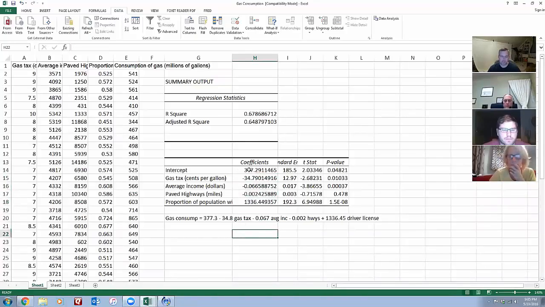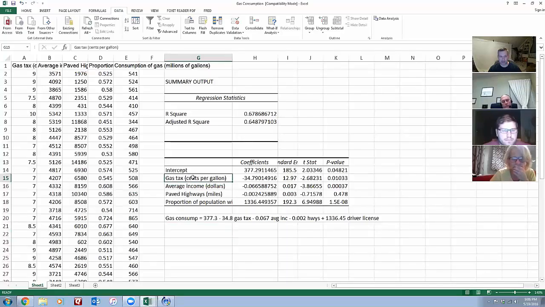You could look at the magnitudes of these coefficients, and these end up being a little harder. You have to really pay attention to what units your data is in to make sense of these, because the coefficients tell me what happens to gas consumption if there's a 1 unit change in any of these independent variables.